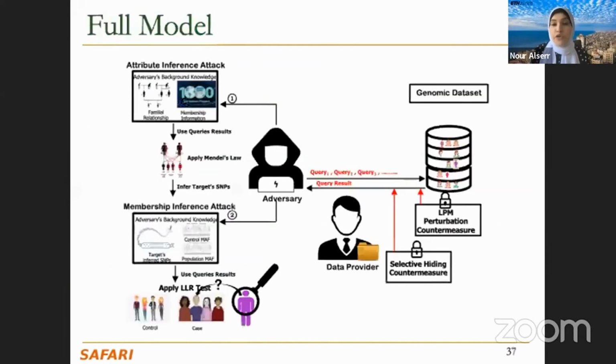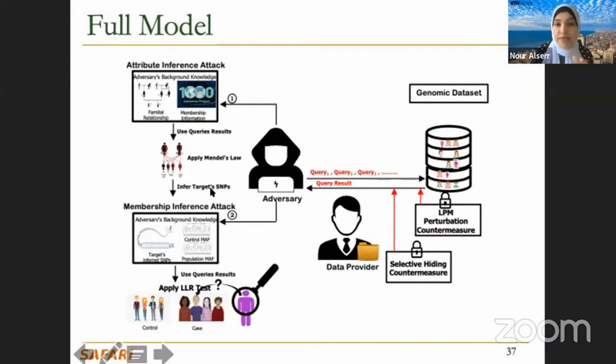So the overview of our contributions or our work is like this. We have an adversary trying to carry out attacks of both types, attribute inference attacks and membership inference attacks. We show that we can do these attacks.